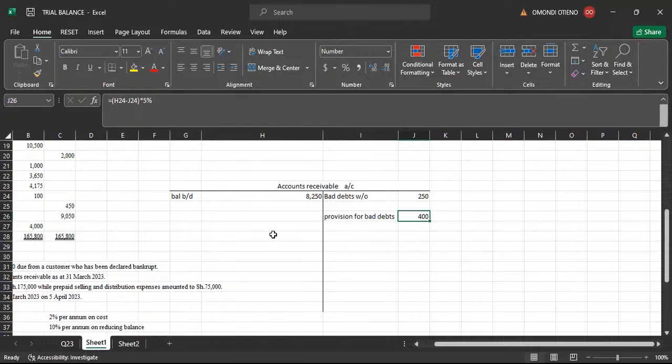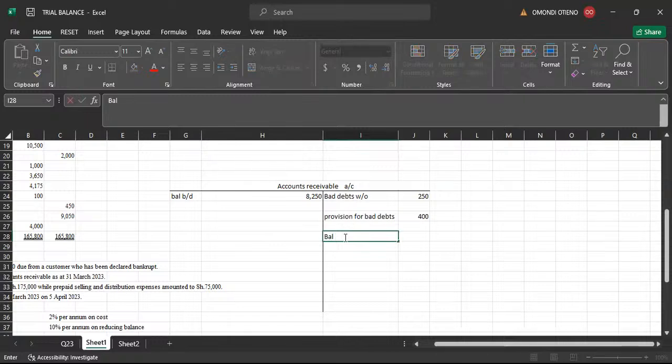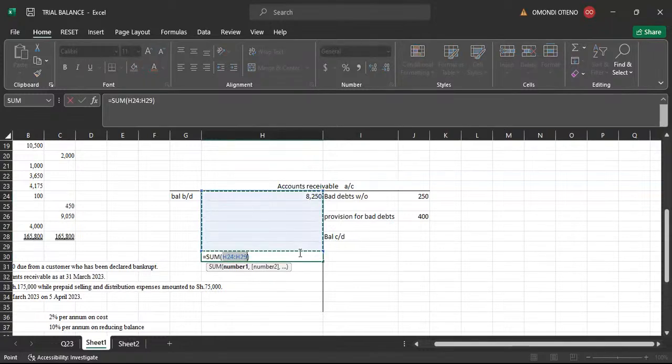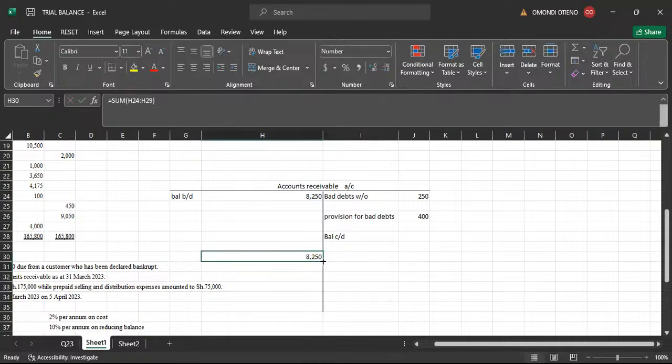So it means what we are going to take to the statement of financial position as the net accounts receivable is now the balancing figure. So I want you to give me the balancing figure, so that both sides, of course, I'm able to see this side is more than this. So I bring it down here.